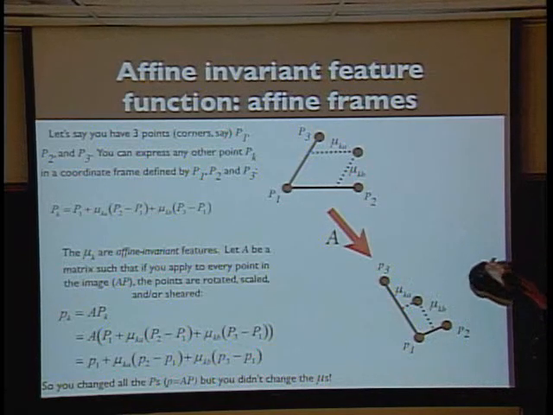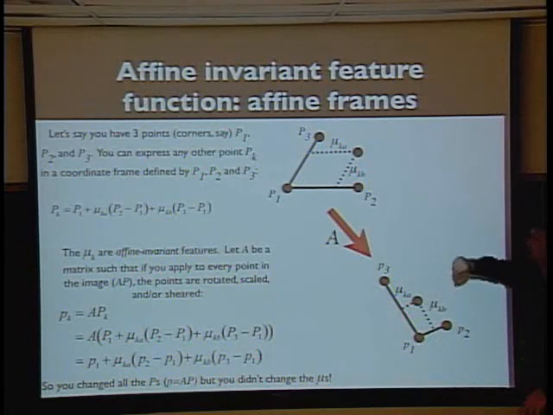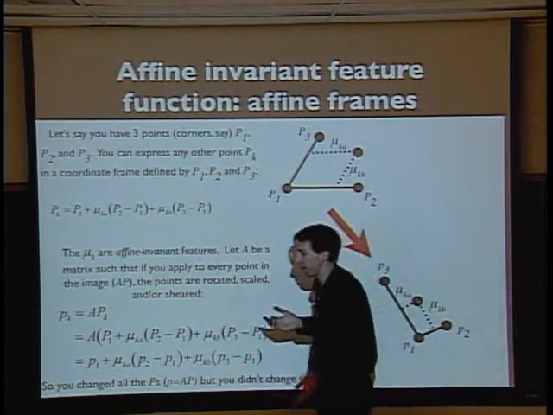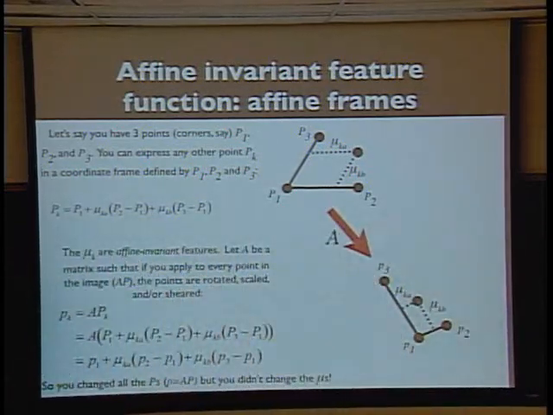And then all the other points can be just other points. And the coordinates of those other points really are invariant to the set of affine transformations. Does this make sense? Okay, good. So basically you can use the coordinates of those points with respect to that, you can call it an affine frame, as an invariant feature vector per se.